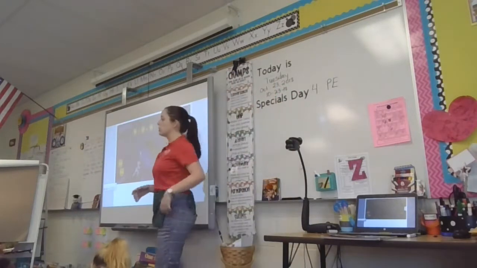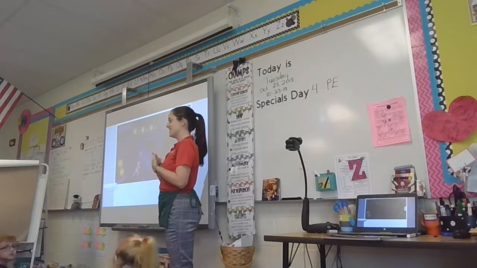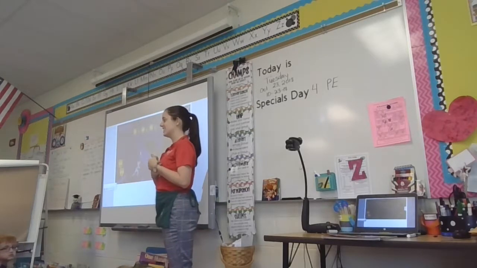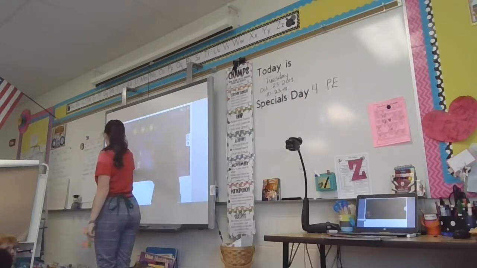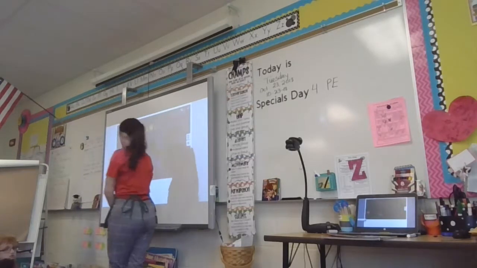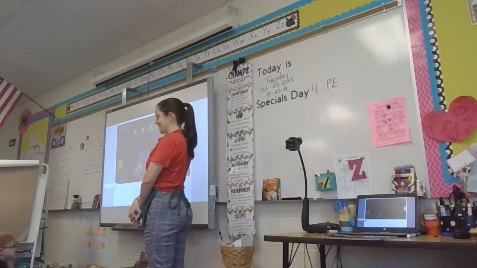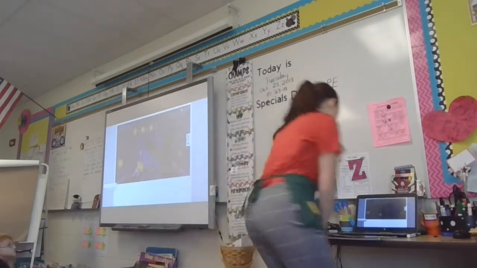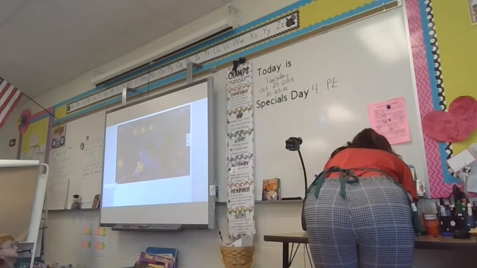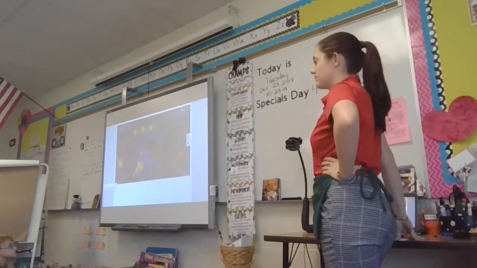So we have 2 left. Which one do you think we should do? Which one? This one? This one? Okay. So what is a menu? All right. So we have either a list of items to choose from, or tell us what we're going to read about.